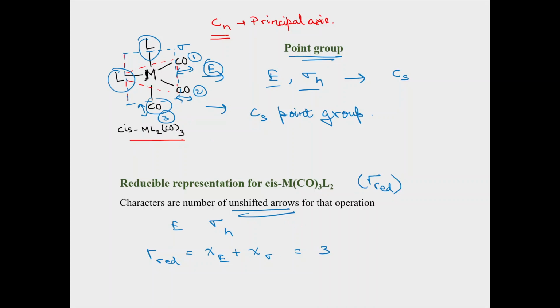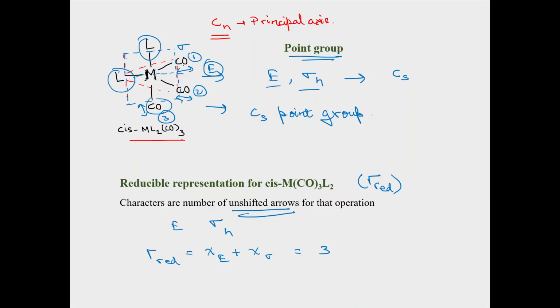Then for sigma h, this is the only plane present in this compound, and this plane is cutting this third CO. That means this remains unshifted, but because of the sigma plane, this 1 and 2 will get interchanged.